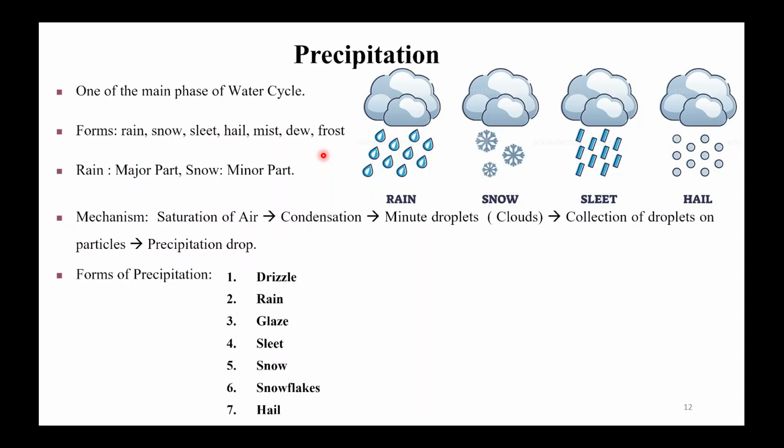Frost is a frozen dew, sleet is snow which is mixed with rain, and hail is frozen raindrops. I hope you will try to see what they are one by one. So one by one, let us see the difference between all these forms of precipitation and how they affect us.